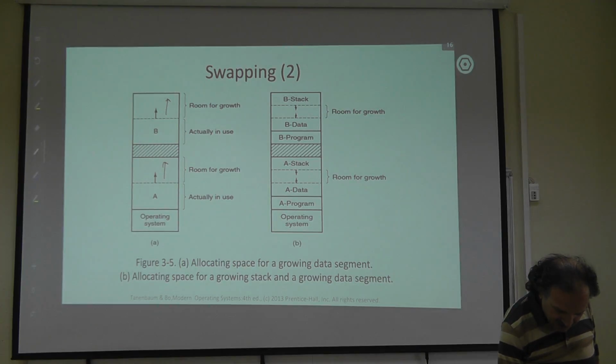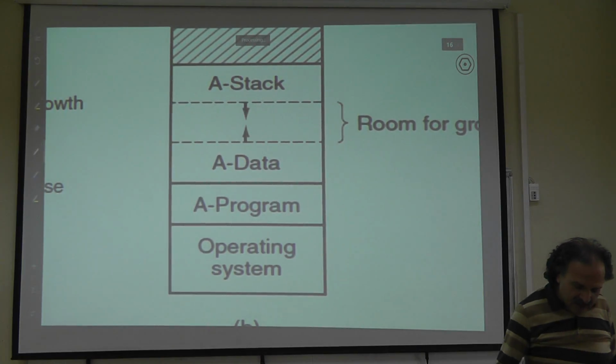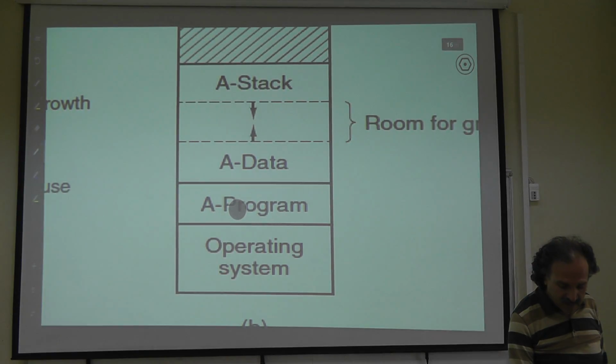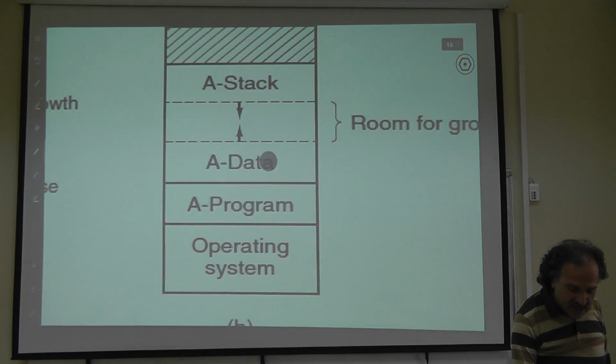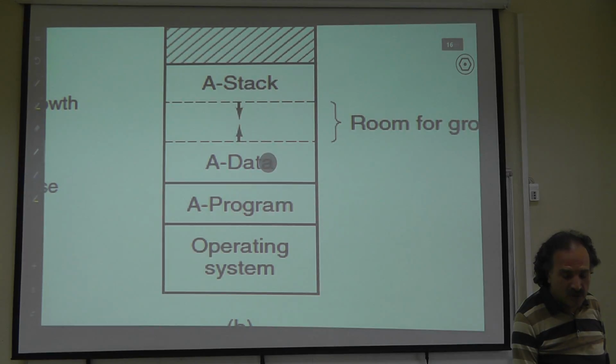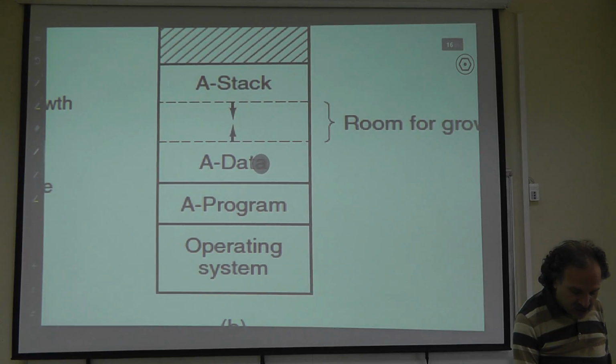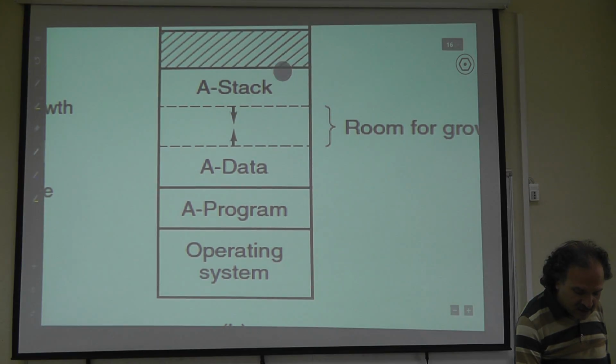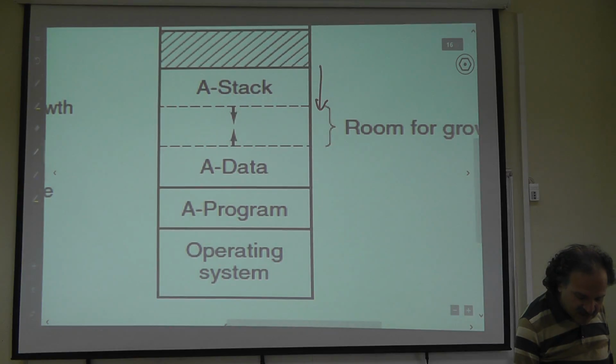Typically, this is my C program. My instructions are here. My heap is here, dynamic memory location, and my stack is here. The stack grows downwards. The bottom of the stack is here, and the stack grows this way.